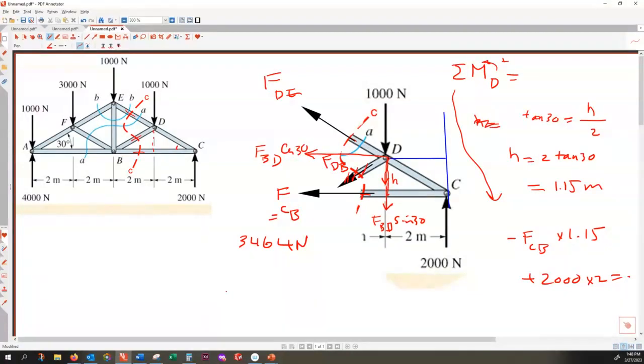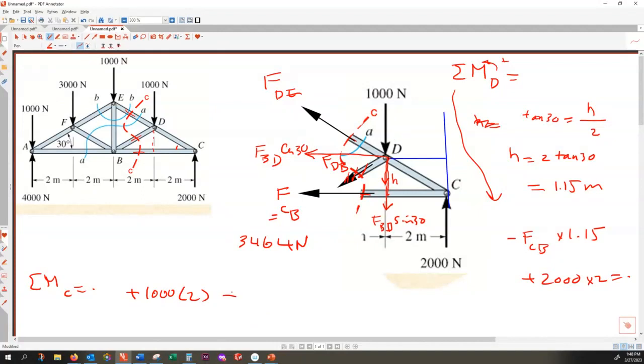So then taking rotation with respect to C equal to 0, I have 1000 with respect to the C. That makes a positive rotation, that is plus 1000 times 2, and 2000 doesn't make any rotation because it passed through C. FCB doesn't make any rotation, it passed through C. FDE doesn't make a rotation, but 1000 does.